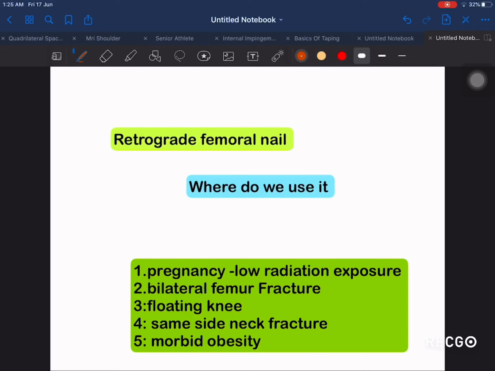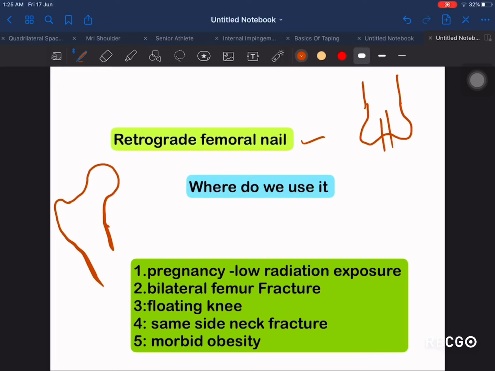Now regarding retrograde femoral nail, here what we do, we insert the nail from the distal aspect of the femur from here, whereas in case of antegrade femur nail, we take an entry, we insert the nail from the piriformis fossa. That's the difference with the retrograde femoral nail. Now the question is, where do we use it?